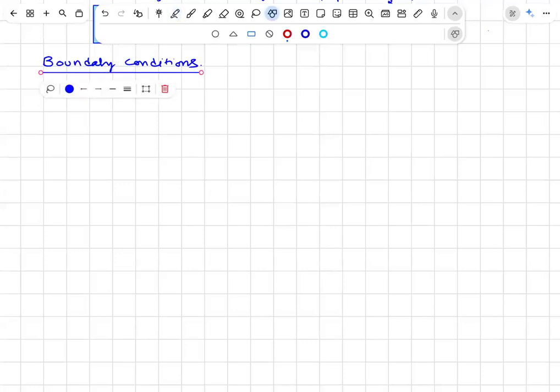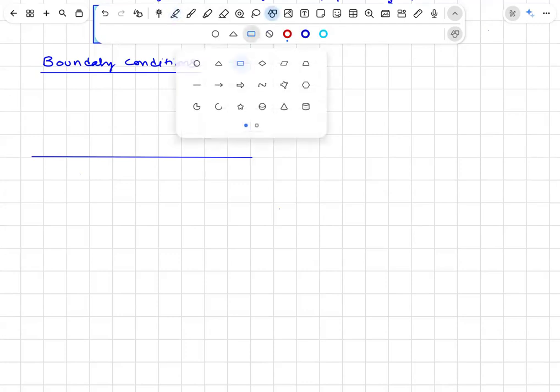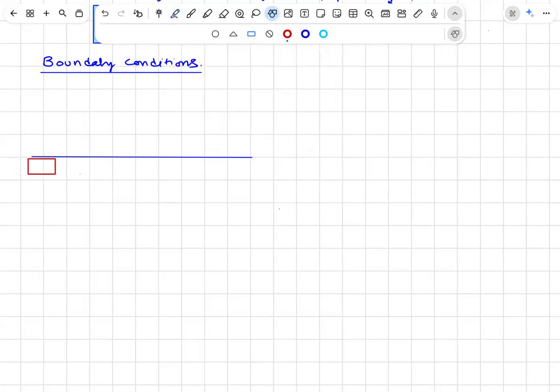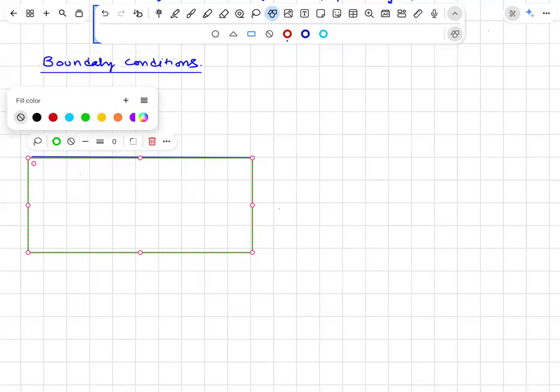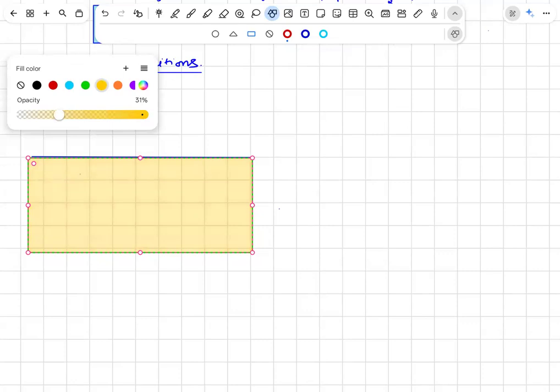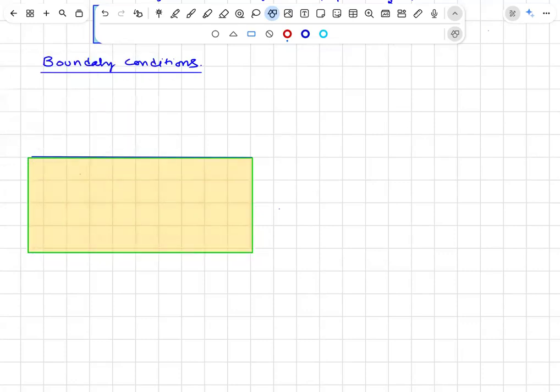What is your problem with the boundary condition? Now I am facing a dielectric boundary. The lower portion is a dielectric.